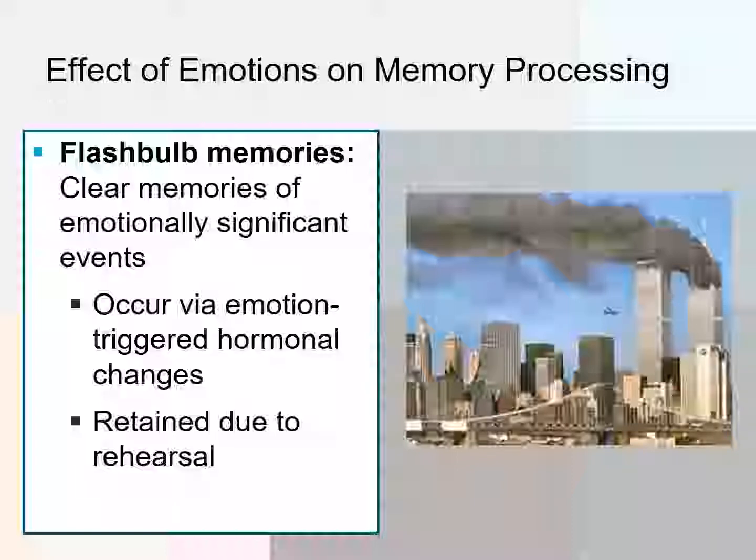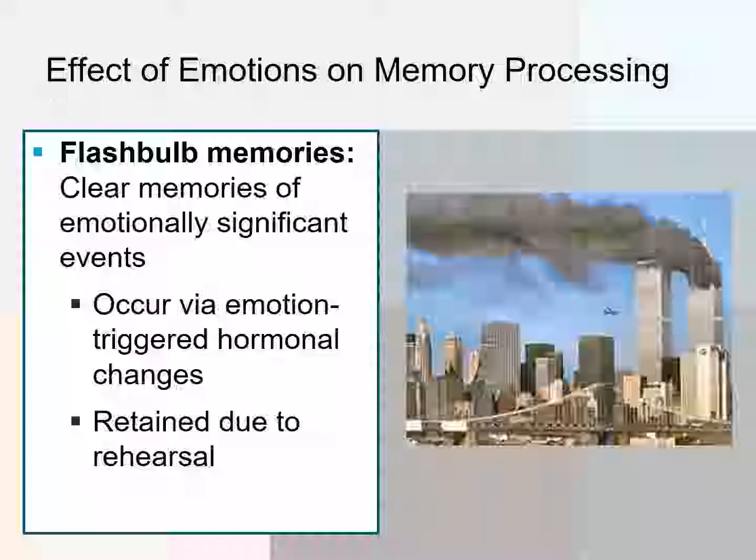There's something like a flashbulb memory, which is a clear memory of emotionally significant events. Like I said, you may remember this picture about the Twin Towers being blown up by airplane. These types of flashbulb memories that pop into your brain and stand so strong occur because of these emotionally triggered hormonal changes.